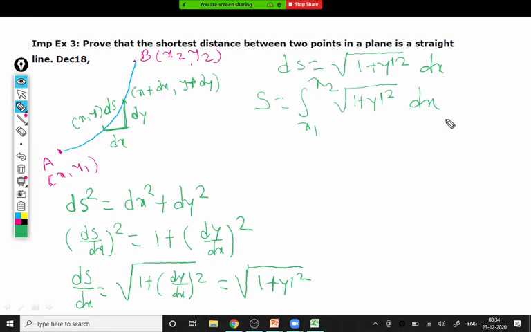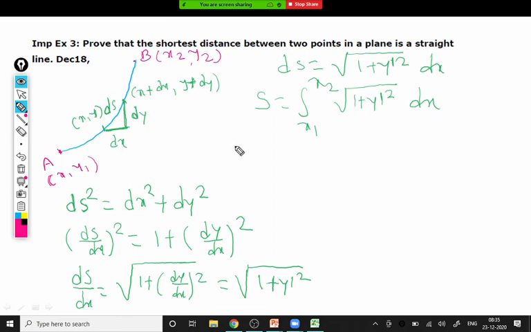Now our aim is to minimize this value of s. So what is Euler's equation? dou f by dou y minus d by dx of dou f by dou y dash is equal to 0. But instead of using that equation, I'm going to use another equation. The reason is I already wrote a note: when the integrand is independent of x, free from x.